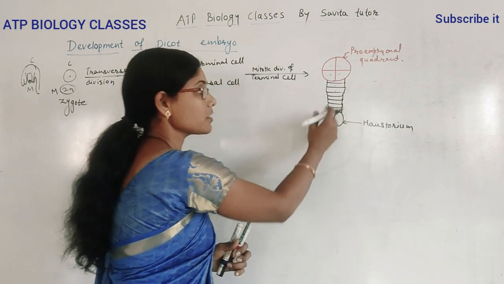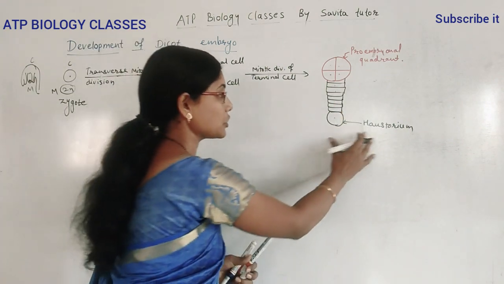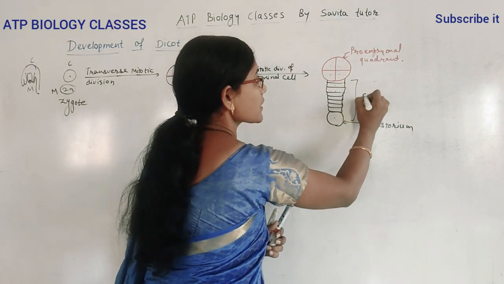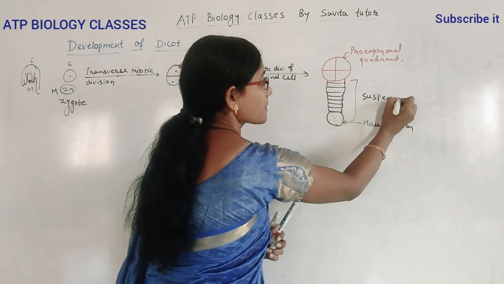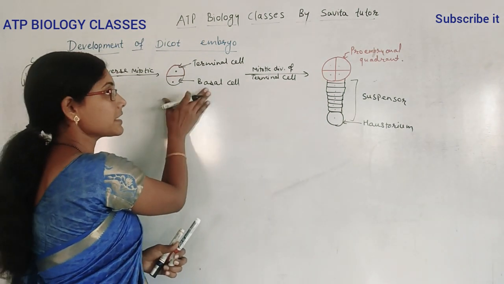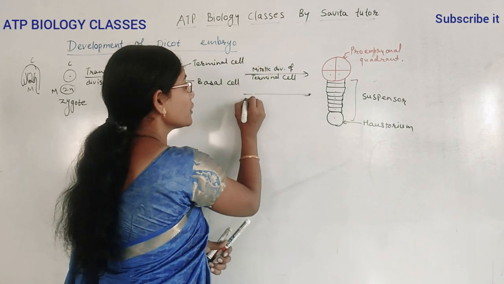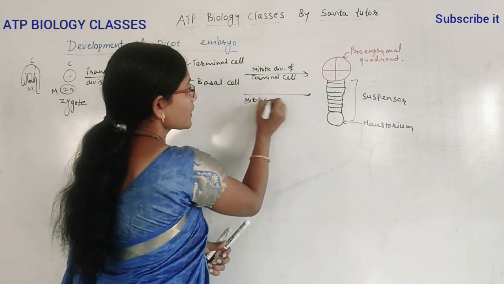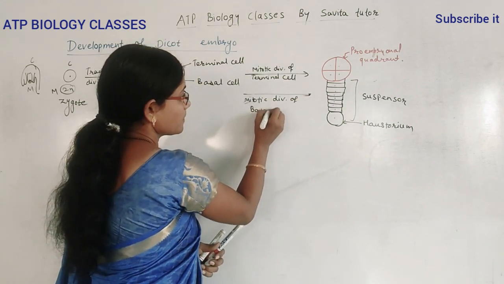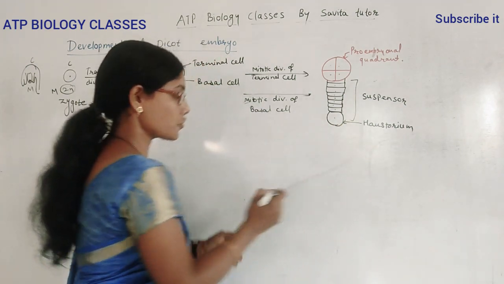It is a little bit different, not a flat one, it's a globular one or you can say circular one, which is called haustorium, right? And the complete structure is called the suspensor. So these cells have been formed from the basal cell. Basal cell divides mitotically and forms the suspensor. The last cell of the suspensor is called haustorium.